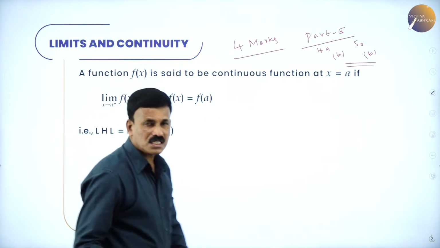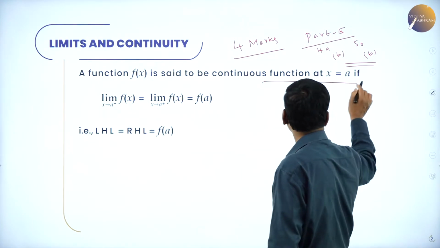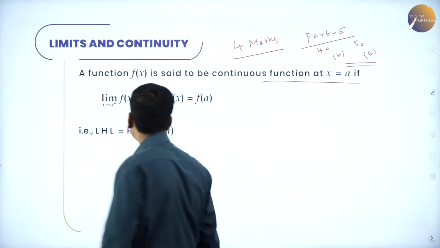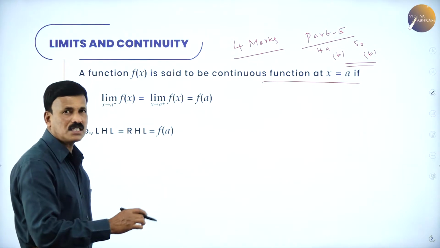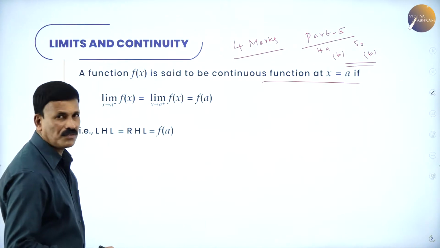Now, let us have a glance. A function f of x is said to be continuous at x is equal to a if limit x tends to a minus of f of x is equal to limit x tends to a plus of f of x is equal to f of a, the functional value.